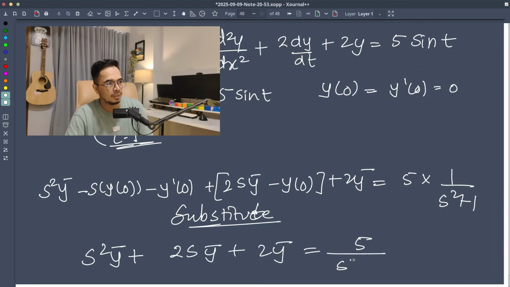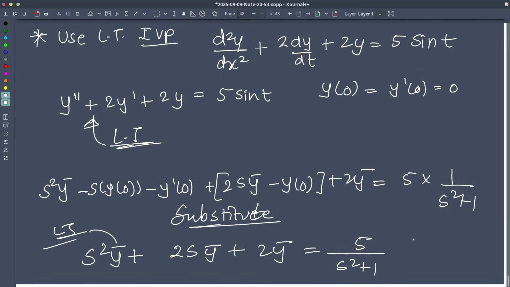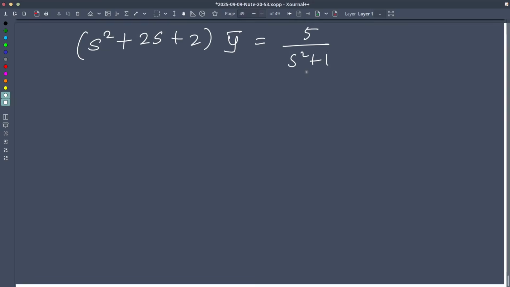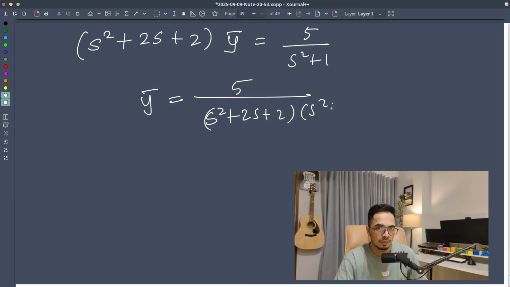And let us now look at what happens when we solve this. Now this calls for the need to do partial fractions.